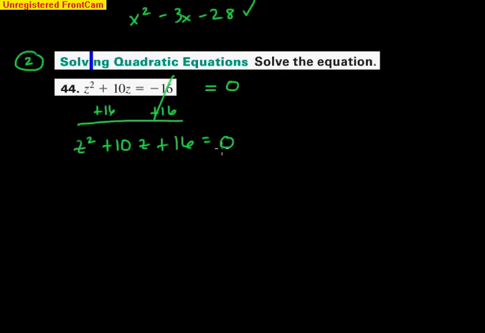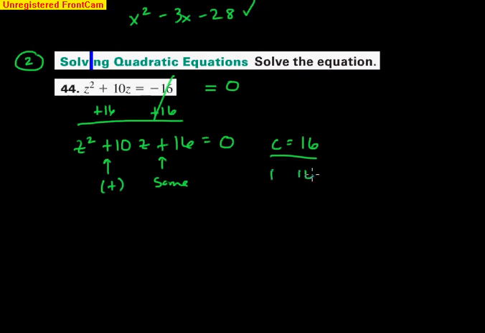Okay, so now what I need to do is I need to factor this. There is no a, so there's no common factor. So I'm looking for the factors of 16. And again, below this, I'm going to do the signs. 16 is positive. That means you have the same signs. So since the b is positive, you're looking for both positive symbols. So when I list out my factors, I'm going to put plus and plus.